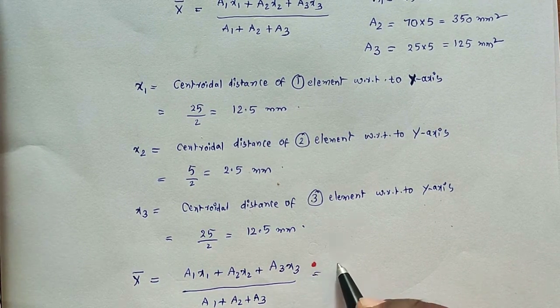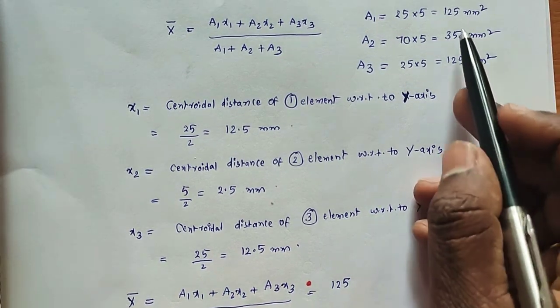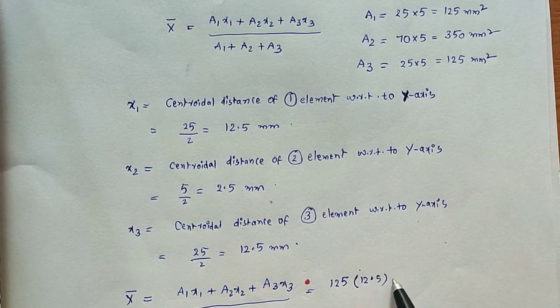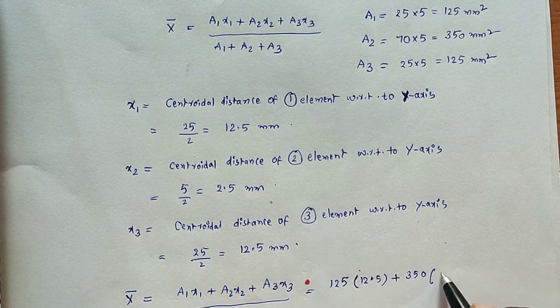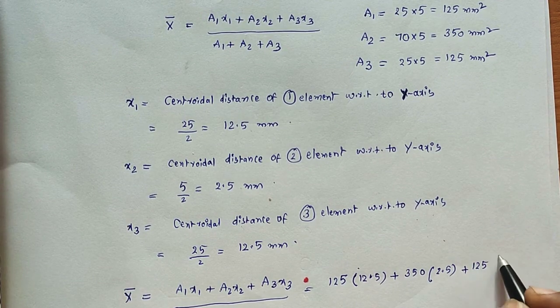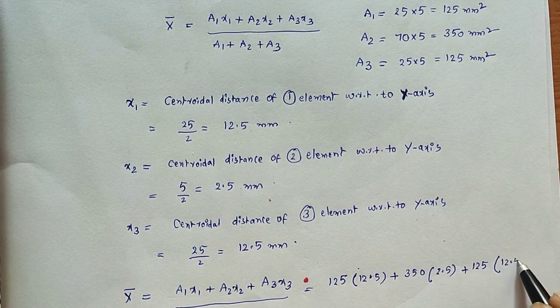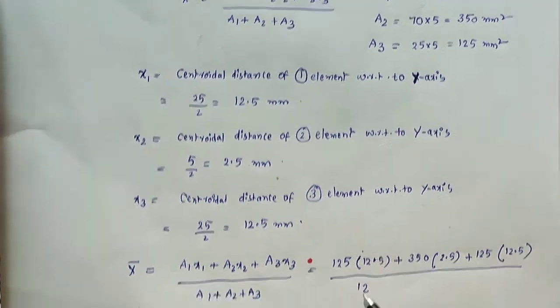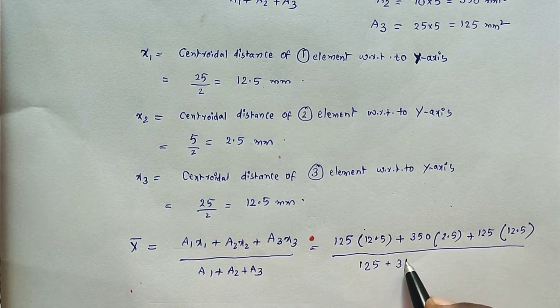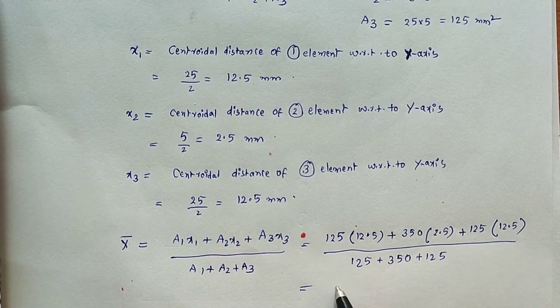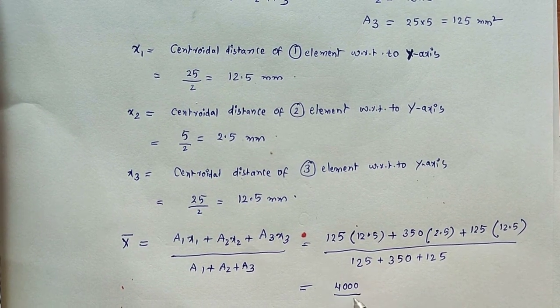That will be equal to A1 is 125 into x1 is 12.5, A2 is 350, x2 is 2.5, A3 is 125, x3 is 12.5, divided by 125 plus 350 plus 125. So this will be equal to the total.